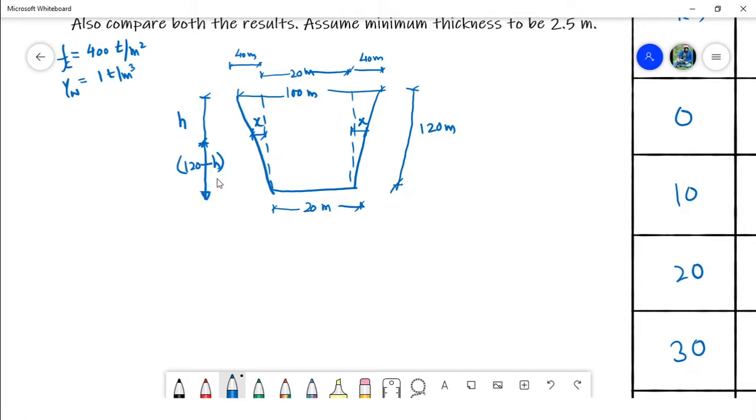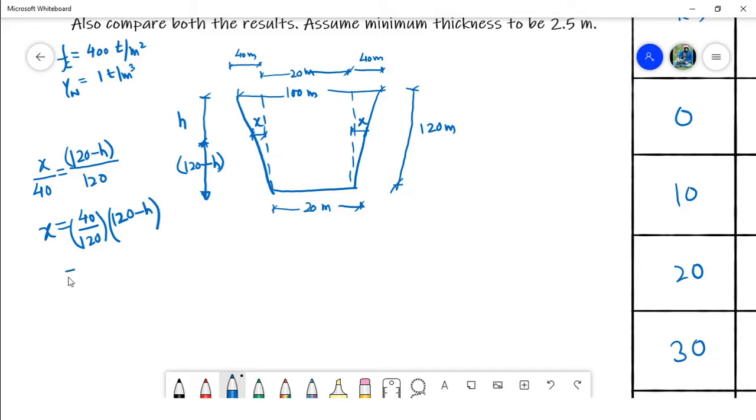Now based on similar triangles we can say that x over 40 will be equal to the ratio of the elevation, that is 120 minus h divided by 120. So x can be written as 40 by 120 times 120 minus h.